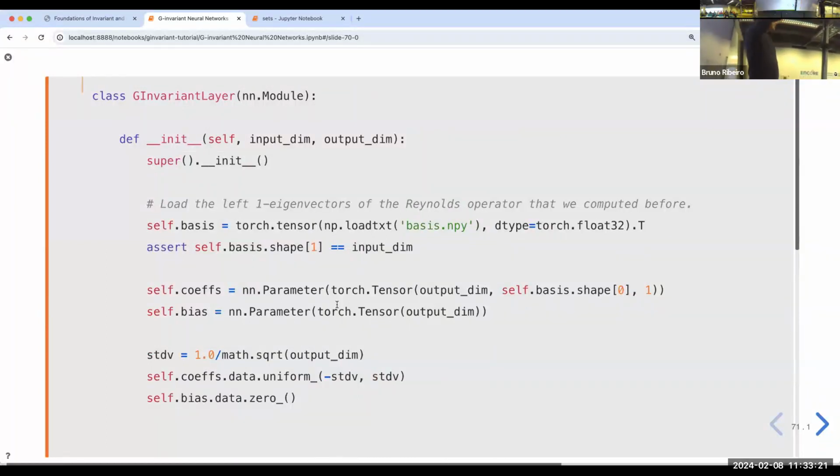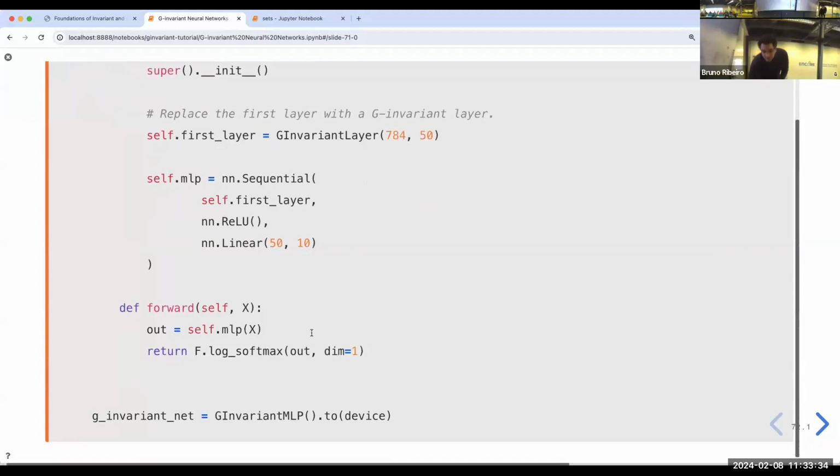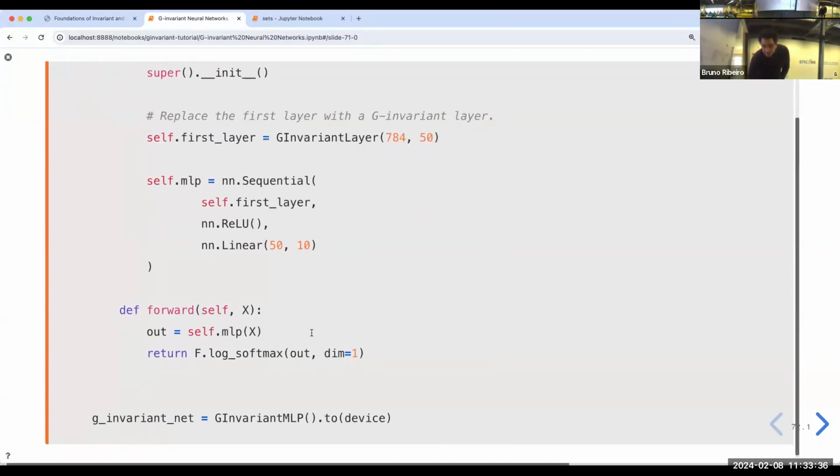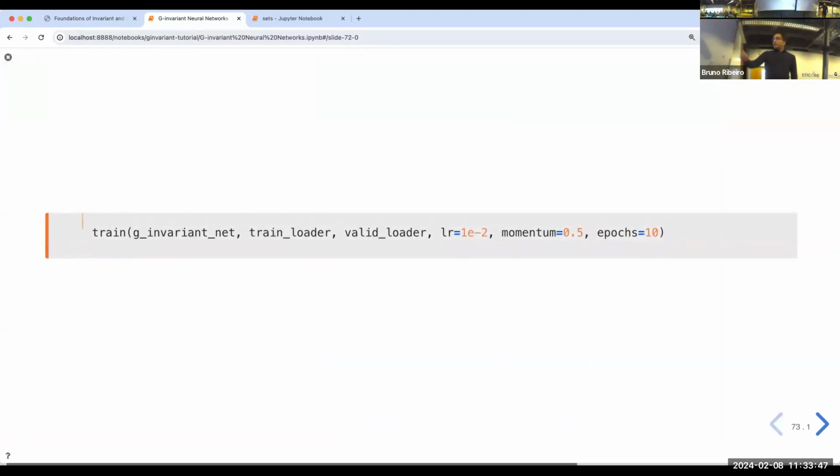You can just replace the original linear layer with this, and if you do that, your network is going to be G-invariant. In my MLP, I'm just replacing the first layer with the G-invariant layer, and the rest are just the regular ones. Then we are going to train for 2 epochs.